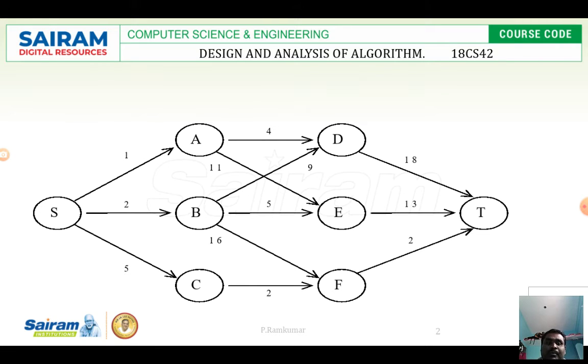First, I have to compute the cost. This given graph is a directed weighted graph because there is a direction available and each edge carries some weight.